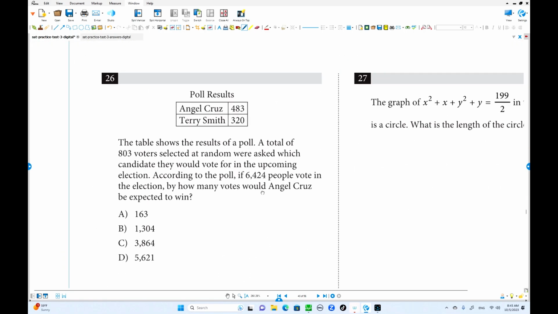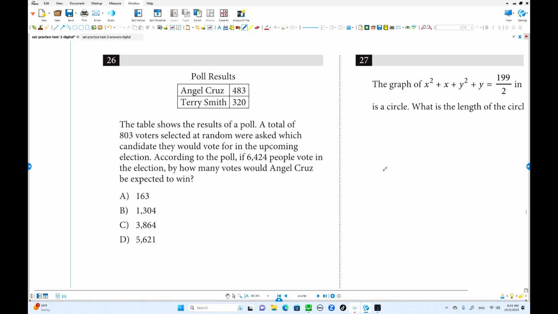Here we go, number 26. The table shows the result of a poll. A total of 803 voters selected at random were asked which candidate they would vote for. Okay, this is a sample, right? So the sample proportion is up here.